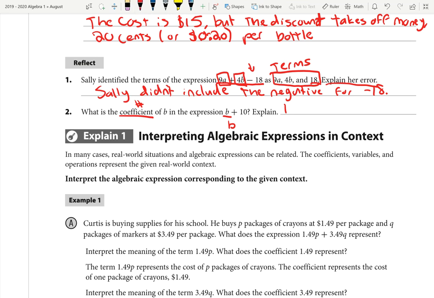So it's kind of a waste of time to always have to write 1. We're lazy when we're mathematicians, when we're older. So it's like, why write 1b when we can just write b instead? You know what I mean? So that's the reason there. So 1 is the coefficient for the exact same reason I just said. b is equal to 1b. The coefficient of b is 1.